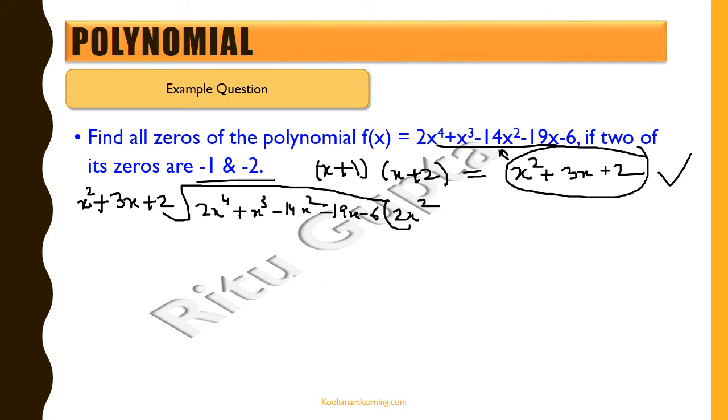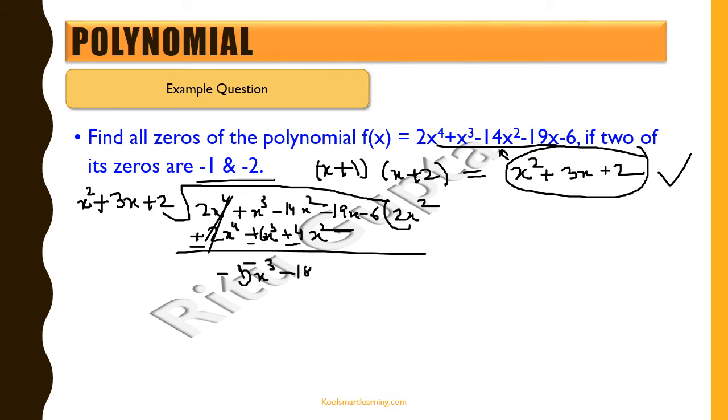We multiply this with 2x square, we get 2x raised to power 4 plus 6x cube plus 4x square. We subtract this, the 2x raised to power 4 gets cancelled, and we get minus 5x cube minus 18x square.